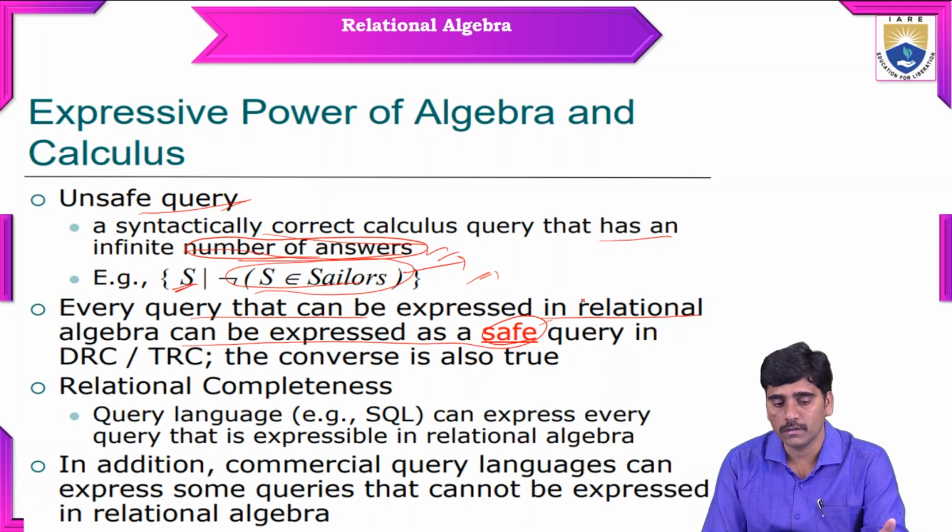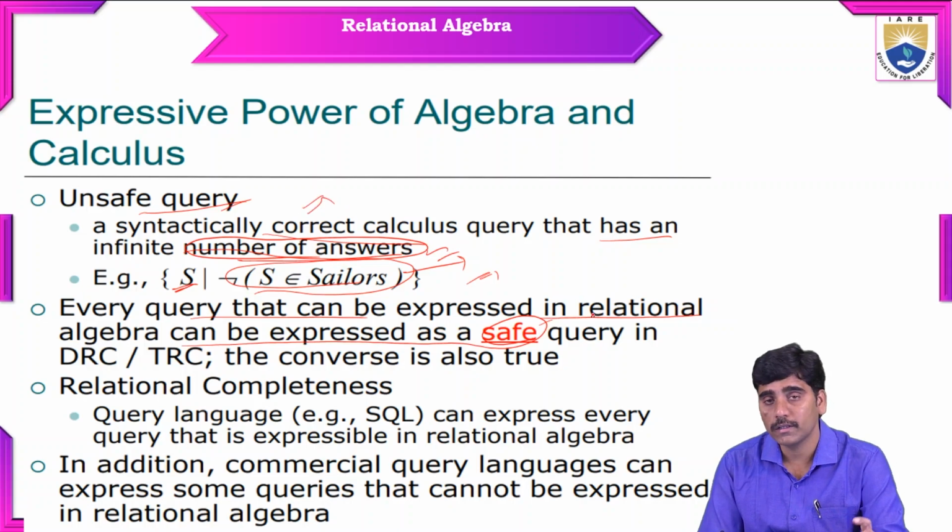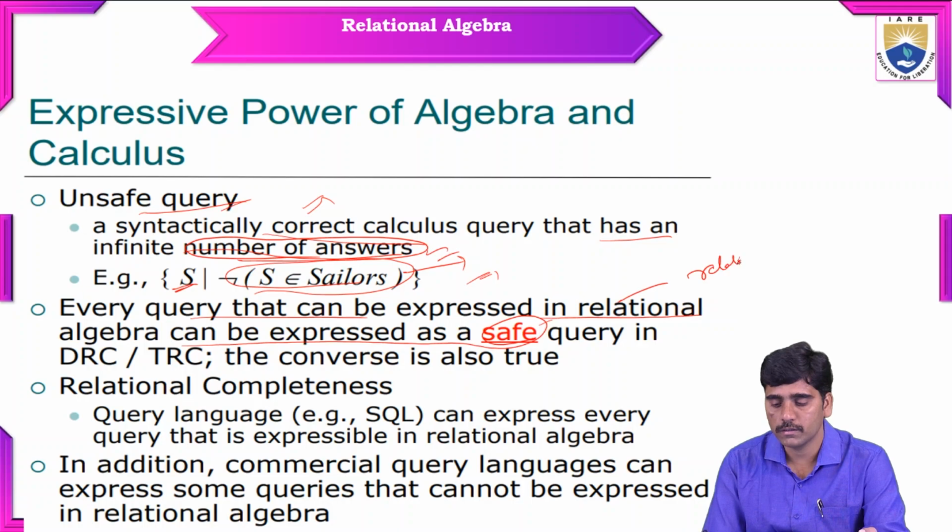Writing the queries in a procedural way is called safe queries, which are relational algebra queries. And writing unsafe queries in a non-procedural way is called relational calculus.